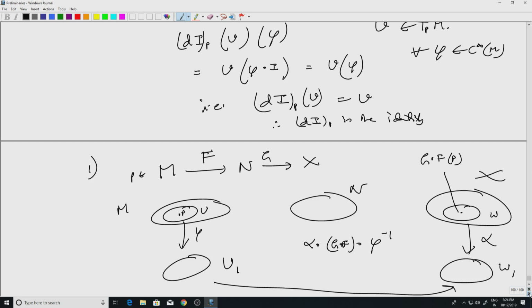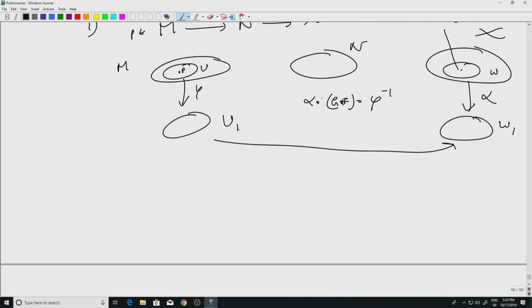It's getting a bit crowded here. So what I have is alpha composed with G composed with F and then phi inverse. There's one missing point here which I have to now write down, namely this is G of P.